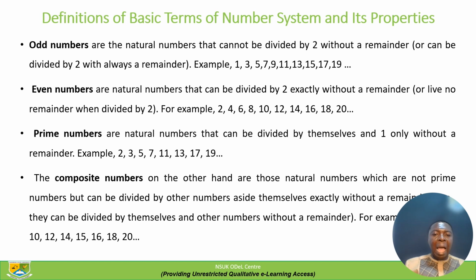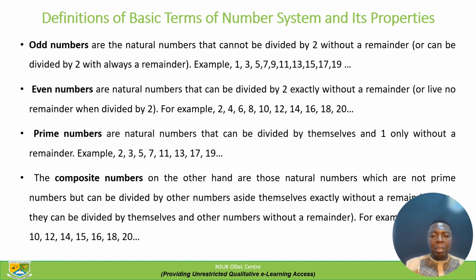Prime numbers are natural numbers that can be divided by themselves and 1 only without a remainder. Examples are 2, 3, 5, 7, 11, 13, and so on and so forth. The last concept is composite numbers.